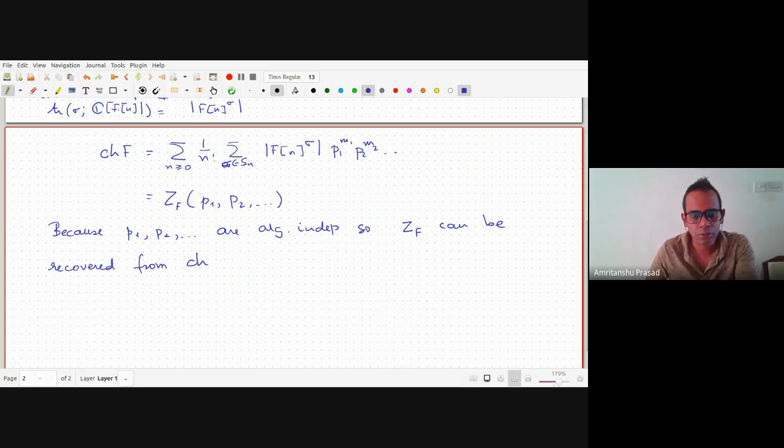So the Frobenius characteristic and Z carry the same information. If two species have the same Frobenius characteristic, then they have the same Z, and if they have the same Z, they have the same characteristic.